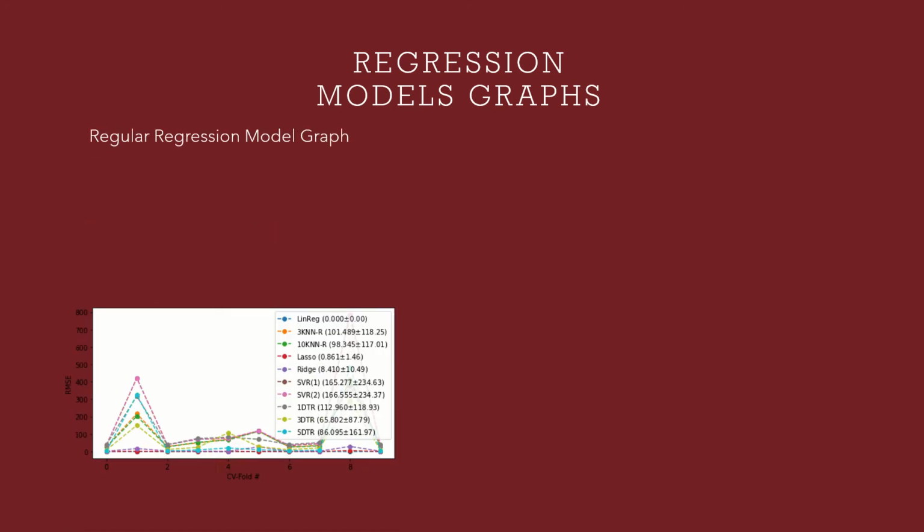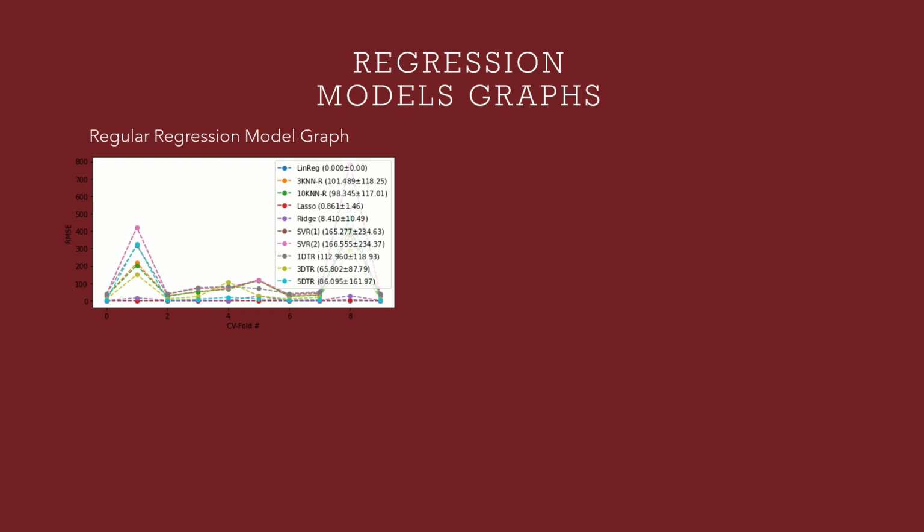And the results right here: first, I used something I learned in this class. Basically, it plots all the models within the graph. On the graph, it plots 10 regression models, and the x-axis has the number of folds, which increases the variance between the data sets.